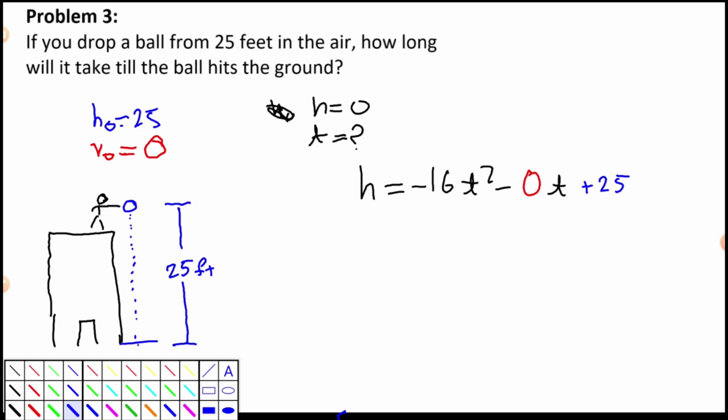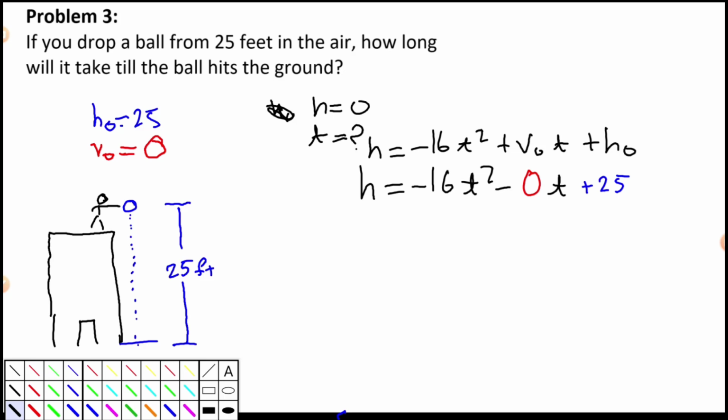Perfect. You know what? I should have written down the formula first. Negative 16 t squared subtract my initial velocity times t. Why am I subtracting plus? H sub 0. So plus my initial height. Okay, so I should have written that formula down first. You guys need to get in that habit too.